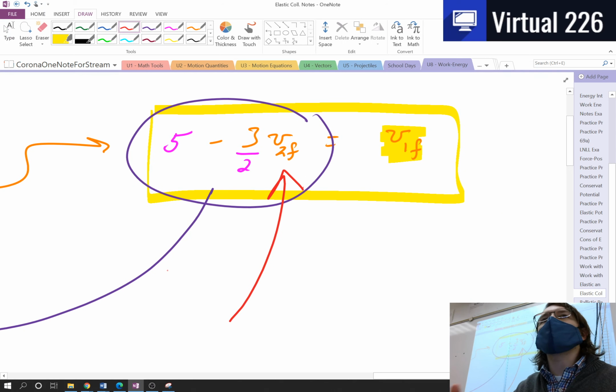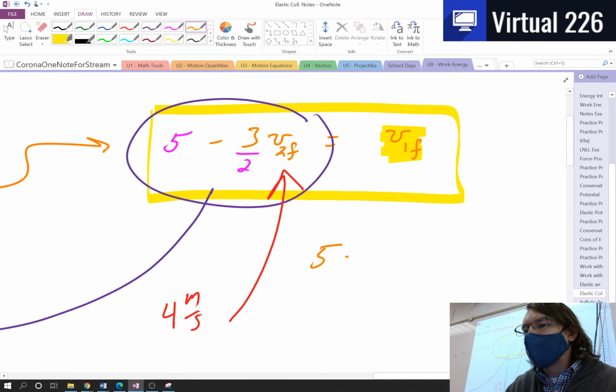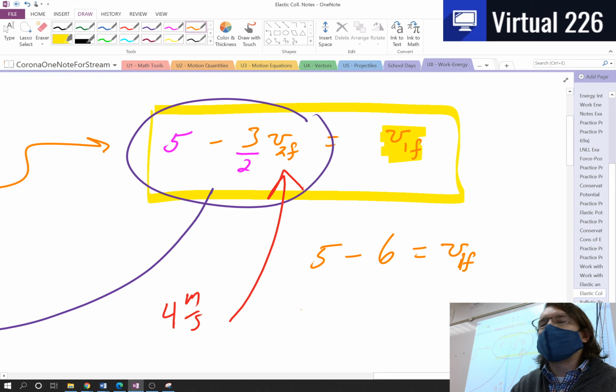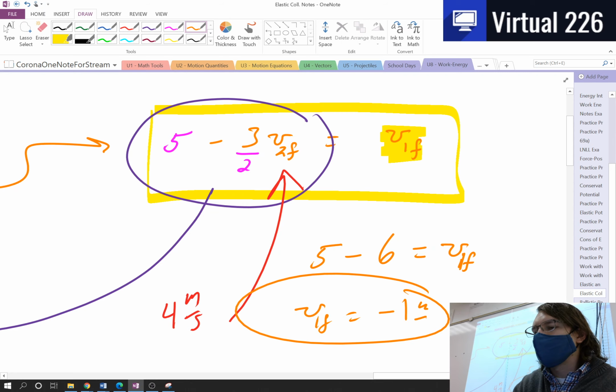This was the substitution equation. If we put 4 meters per second into this, what we get is 5 minus 12 over 2. 12 over 2 is 6, and that's going to equal V1F. 5 minus 6 is negative 1, which is exactly what we saw.